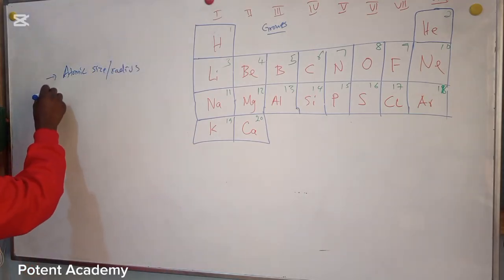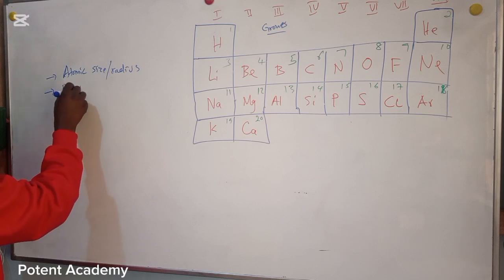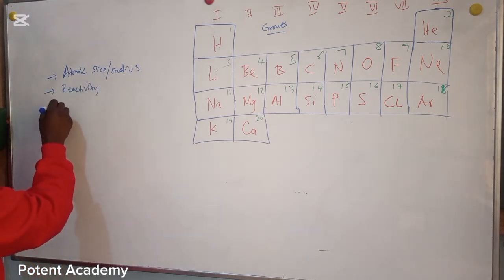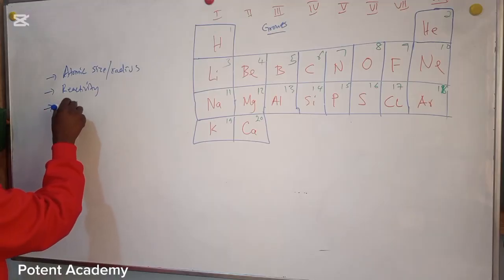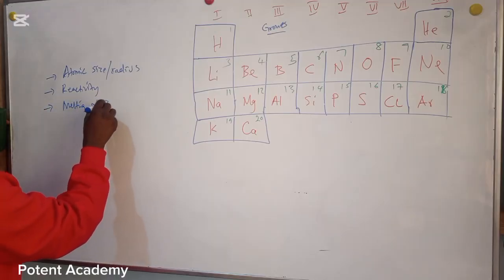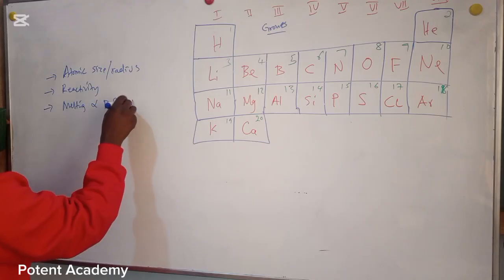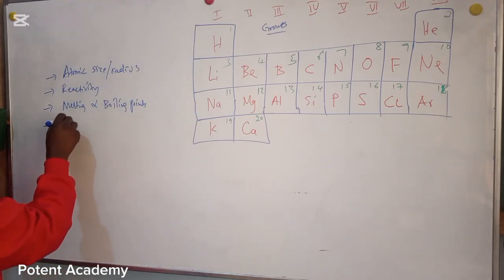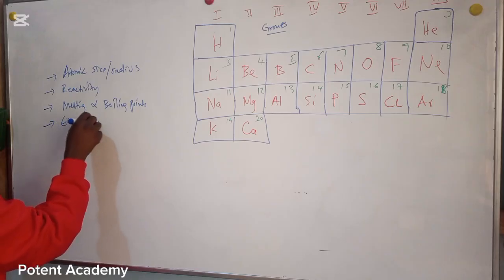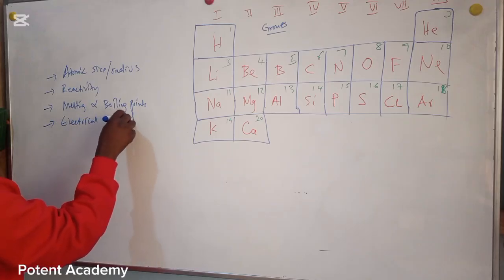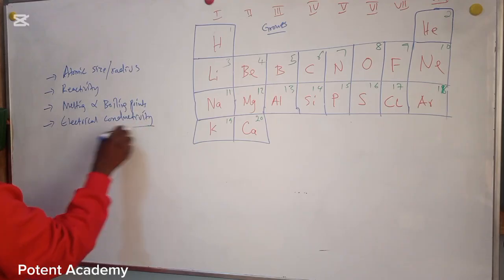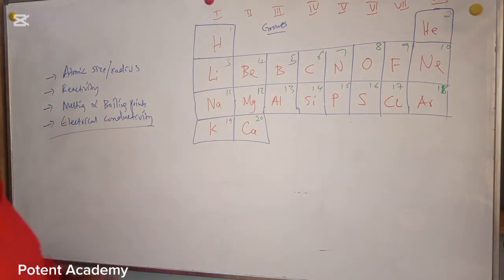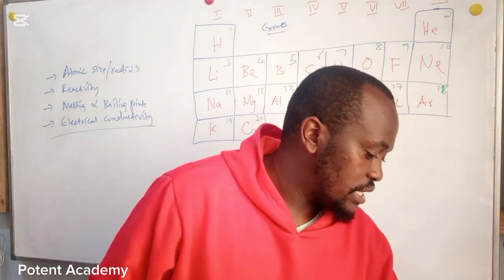We also want to see reactivity. We also want to see melting and boiling point. We also want to see electrical conductivity. We want to see these 4 points. If there is another one, we are going to add it as we move forward.